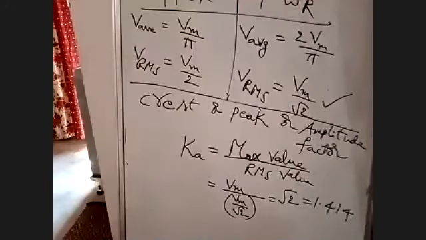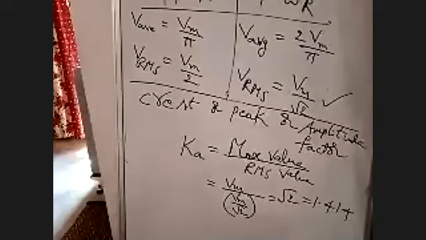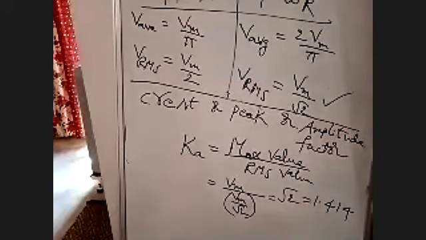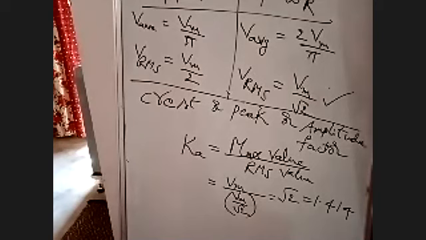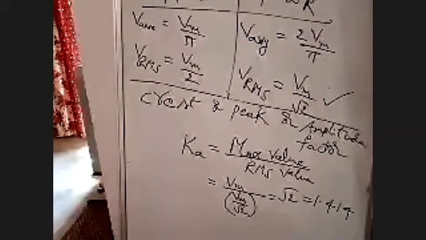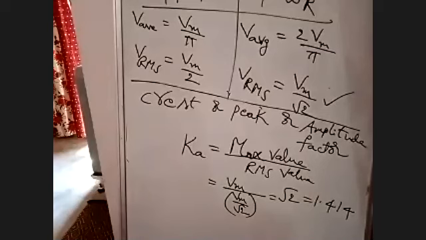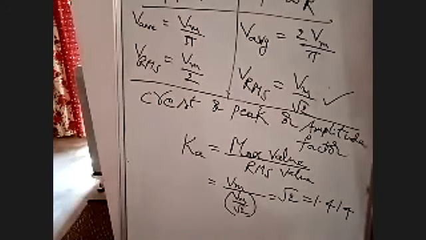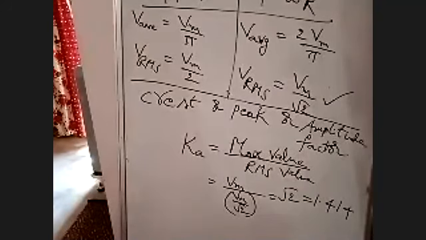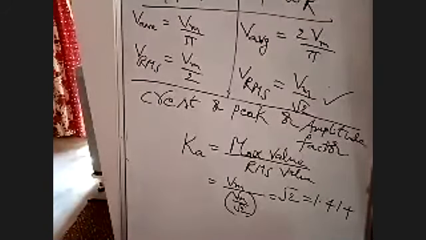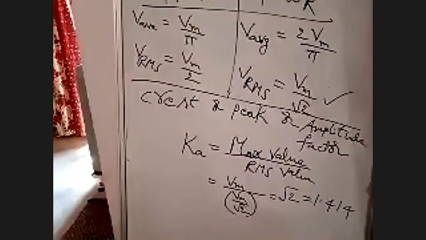It is represented with K suffix A, Ka, and is equal to the maximum value by the RMS value. We know the maximum value is Vm, divided by the RMS value Vm by root 2. If we cancel Vm, we will get root 2, that is 1.414. Generally, they won't ask the crest, peak or amplitude factor in the exam, but you should know it. They'll ask only the form factor in the university exam.